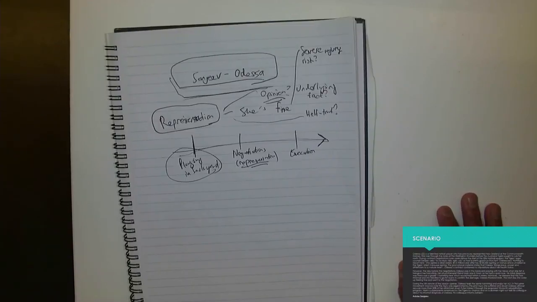Yeah, so really good point, because we remember that the inducement requirement is about what is a reasonable interpretation of the representation, right? So if we pull that back, what is she saying? She's responding to a question. The question is in a context.